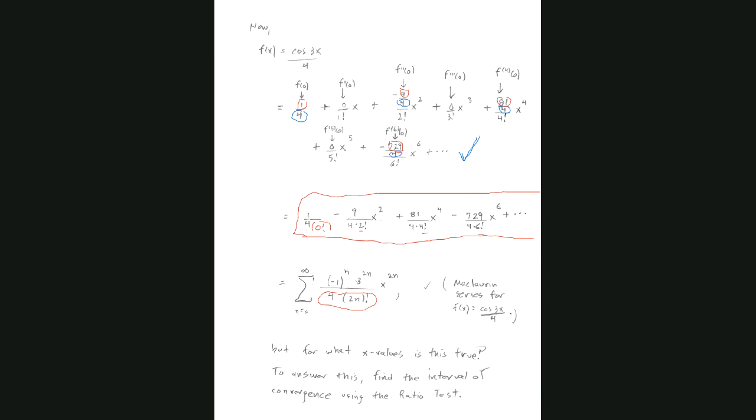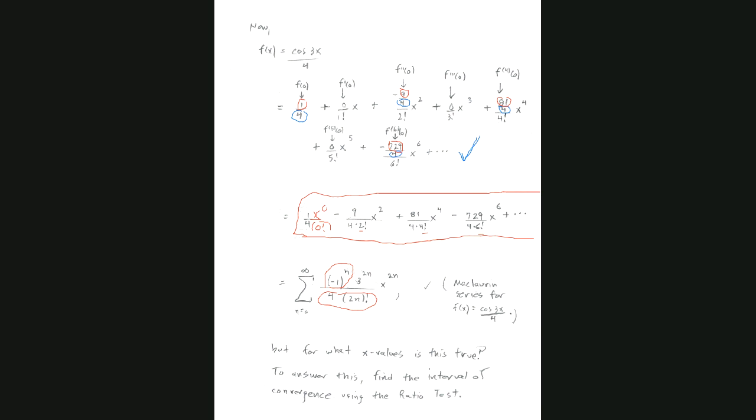Okay, well, let's talk about the numerator. So the terms are alternating, positive, negative, positive, negative. So we'll have a negative 1 to the nth power to handle that. And then the powers are, well, 1/4 is the same as 1/4 times x to the 0th power.